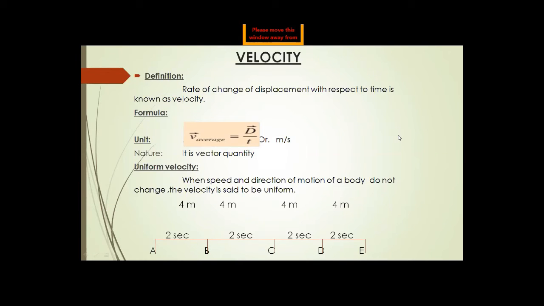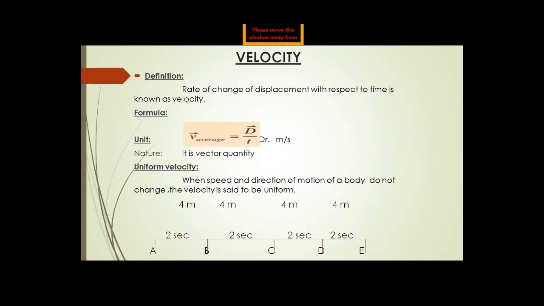After that, we can say another physical quantity we are getting, that is velocity. Velocity is another physical quantity. But the difference between speed and velocity is that in speed there is no need of direction, while velocity needs direction.